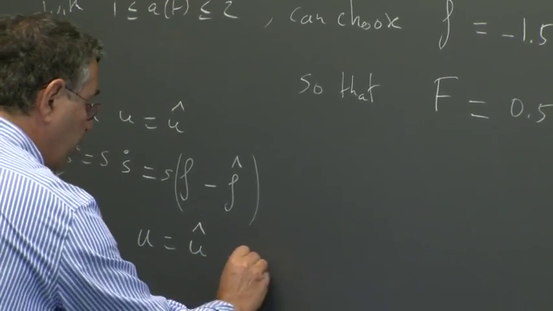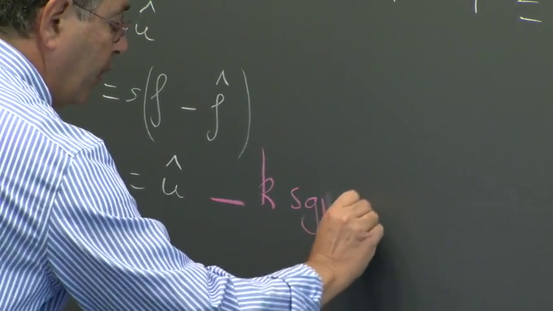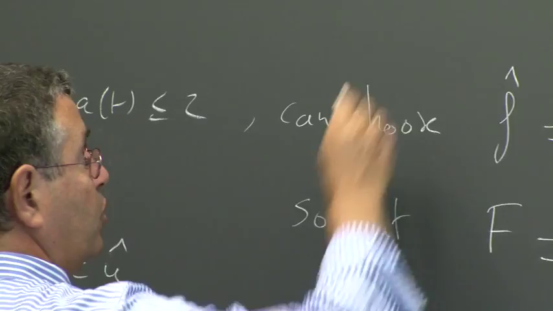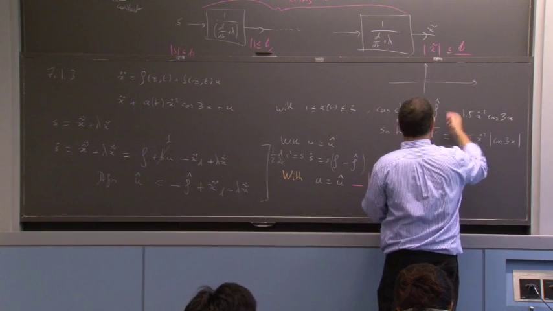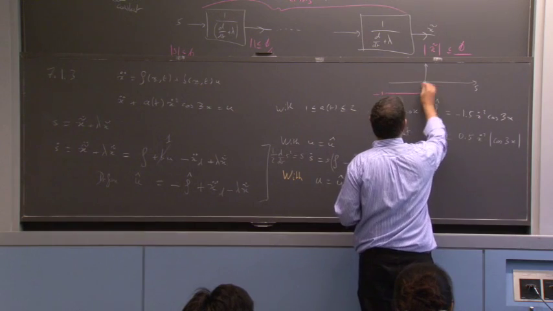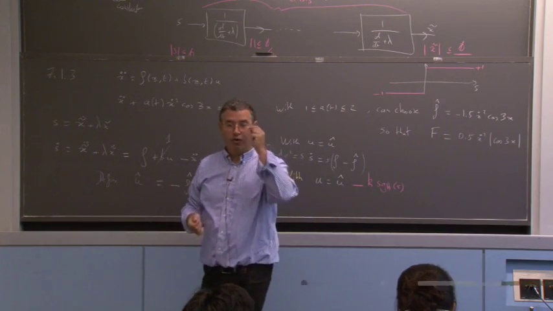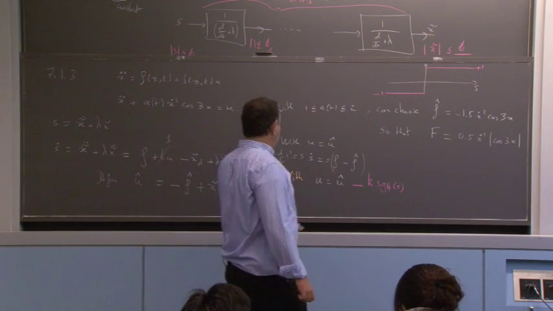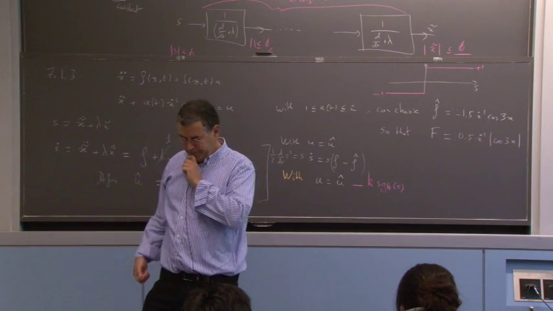So we're going to add to this term minus k sine of S, where sine is the sign function, so it's simply a function which is equal to minus 1 when S is negative, plus 1 when S is positive, and whatever you want when S equals 0, it doesn't really matter. So u equals u hat minus k sine of S.